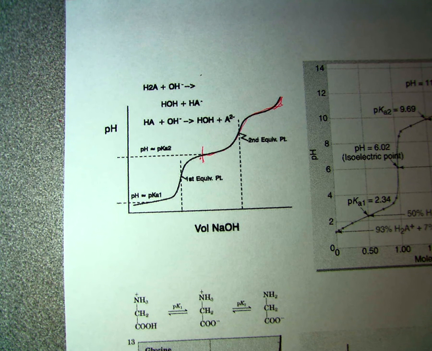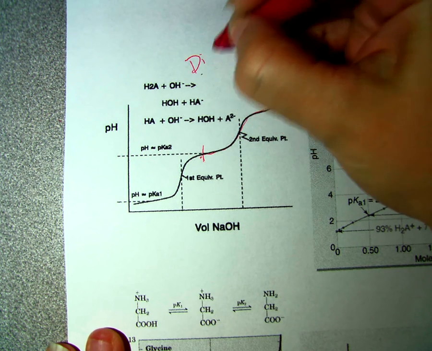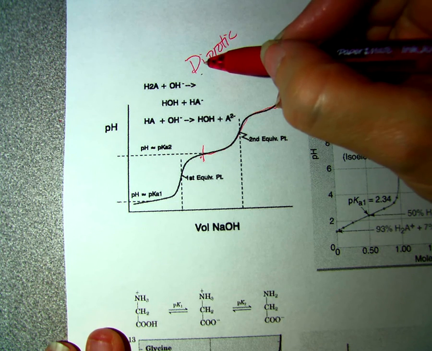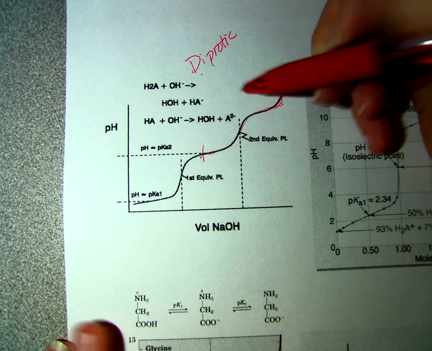Do you remember us talking about diprotic and polyprotic acids? What is the difference between a regular acid and a diprotic or a polyprotic? What do the diprotics have more of? Hydrogens. Remember? If you break the word down, di means two, protic sounds like proton.